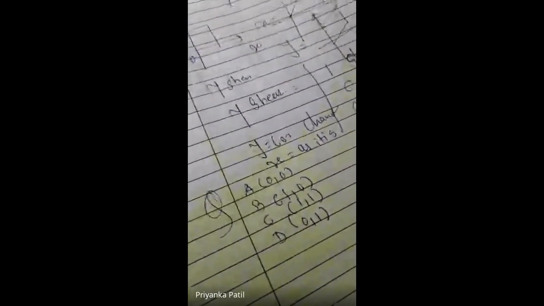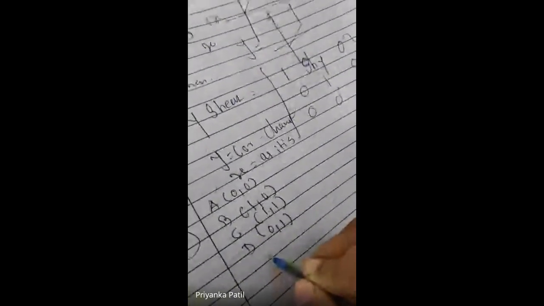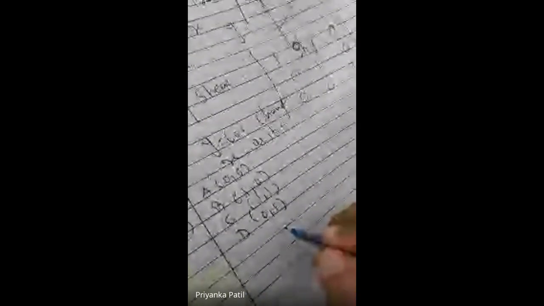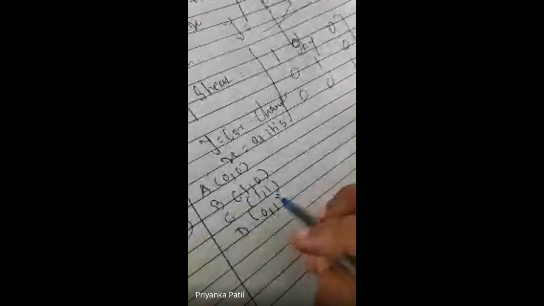Now we can consider the shear in the x direction equal to 2. In that case, y remains as it is. Okay. So we only change the value of the x coordinate.